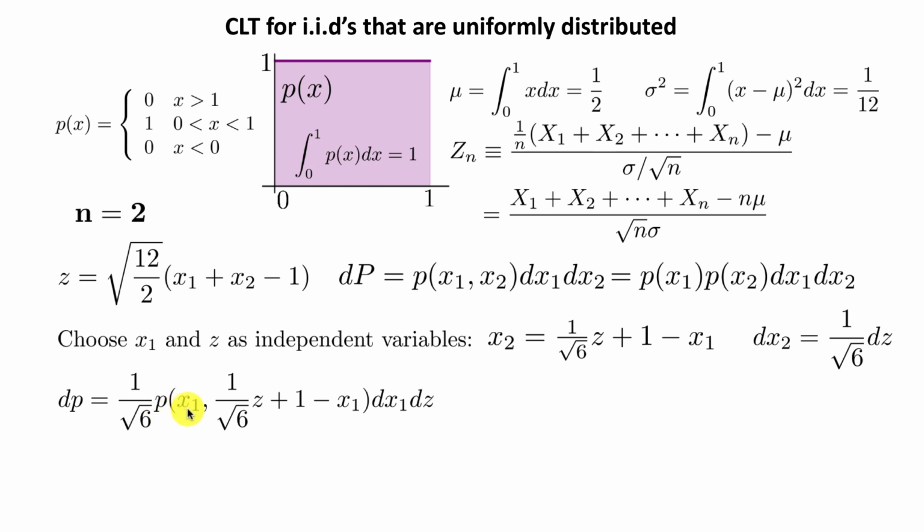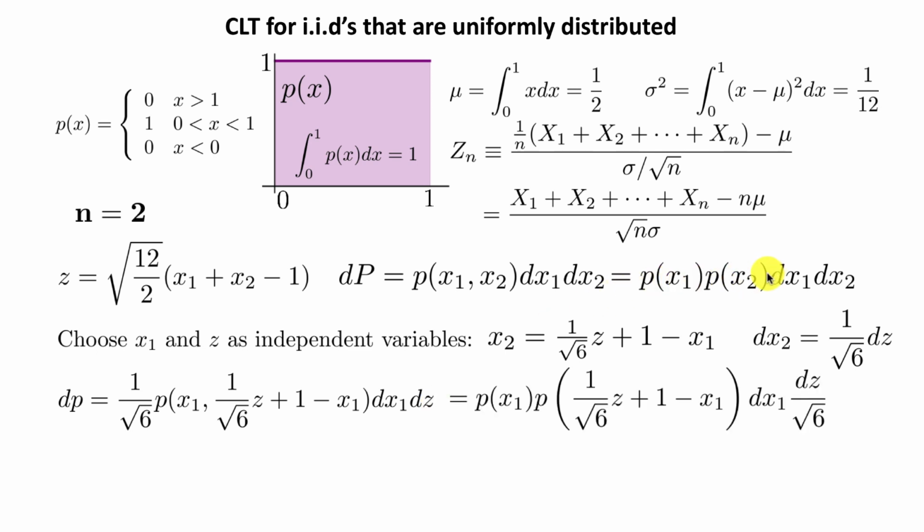Now, just as we did before for n equal to 1, we're simply going to write P of x1, x2, but now express x2 in terms of the two independent variables, z and x1. And of course, there's dx1. No longer is there dx2 over here. We've replaced dx2 by 1 over square root of 6 dz, which from here can be written as P of x1 times P of this new variable, which is x2, expressed in terms of z and x1.